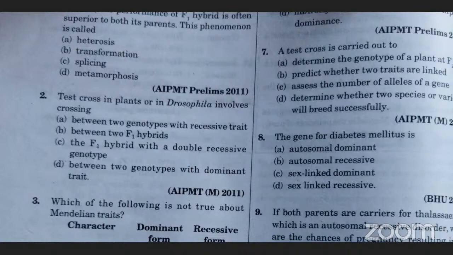In a typical test cross, an organism showing the dominant phenotype, whose genotype is to be determined, is crossed with one that is homozygous recessive for the allele being investigated, instead of self-crossing. The progenies of such a cross can easily be analyzed to predict the genotype of the test organism. Clear?